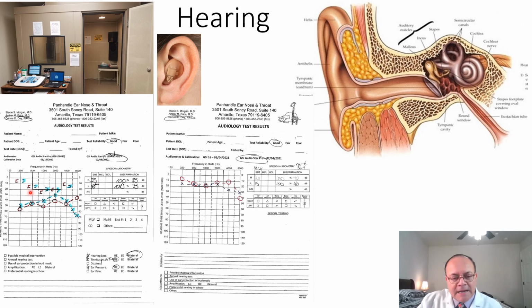Ideally they should be equal. But this gap occurs if there's something blocking the external canal, or if there's something blocking the movement of the ossicles. Okay, conductive. This shows typical conductive hearing loss.